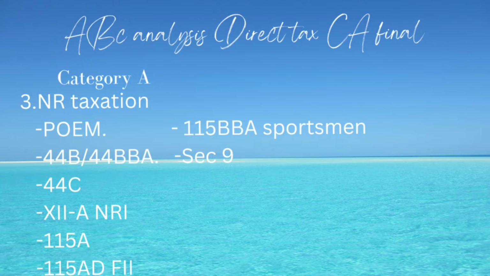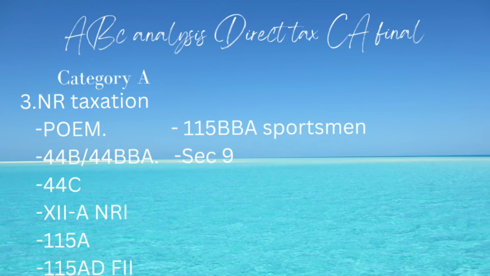NR taxation is a very important chapter. You have to refer to POM, then 44B, 44BBA, 44C, then 12A NRI taxation, then 115A, 115AD for FII, foreign institutional investor income, then 115BBA, sportsman income and all, and then section 9.